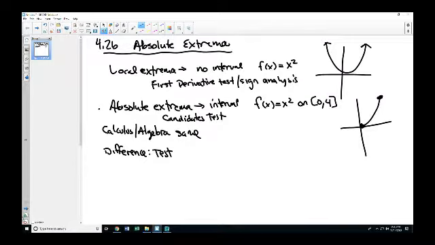Candidates, like election candidates. What was the one we did yesterday? First derivative test, sign analysis. People use those phrases interchangeably. So find the candidates with your calculus and algebra, and then use the candidates test for it.